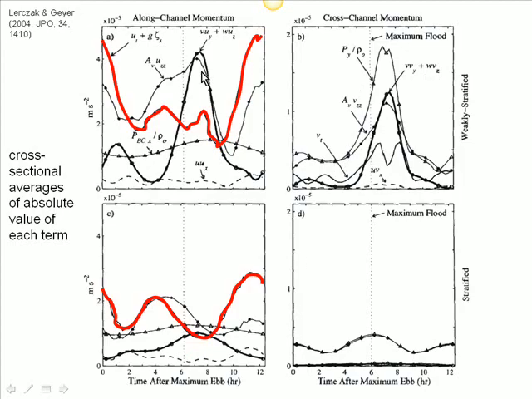Right, so notice that these two are for a weakly stratified case, and the tidal stresses are large during the weakly stratified period and not during the stratified period. Again, the tidal stresses are the thick black line, and they're rather small in the stratified situation.